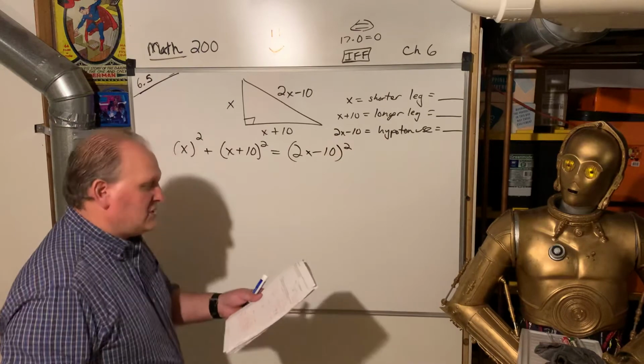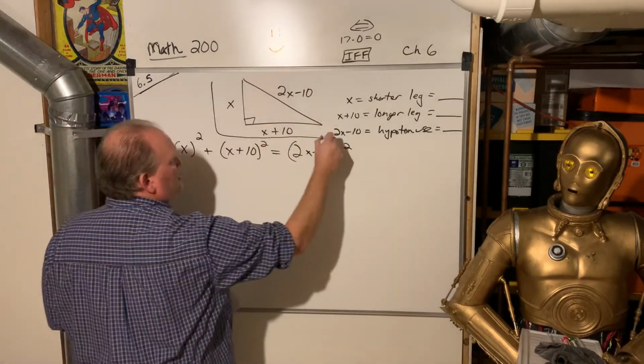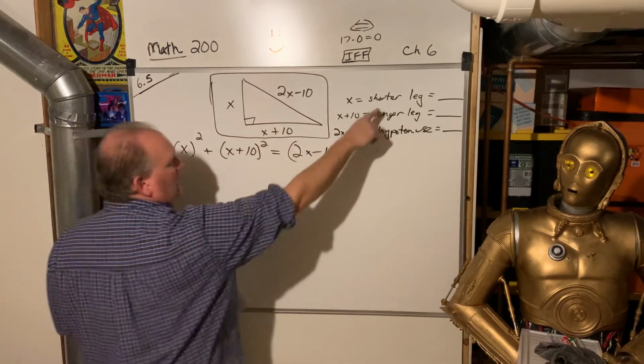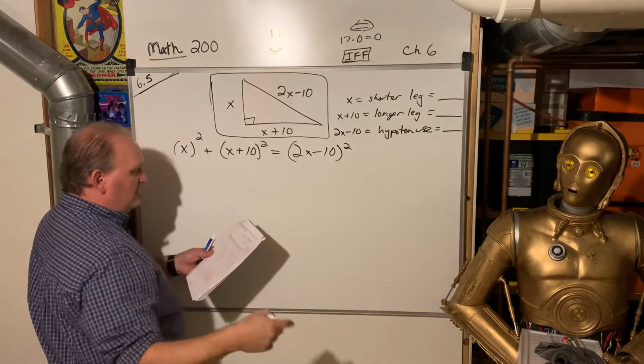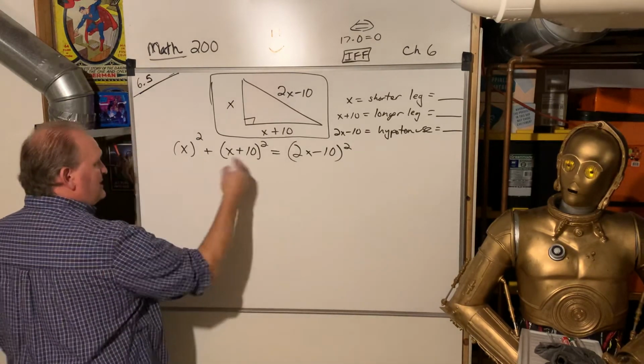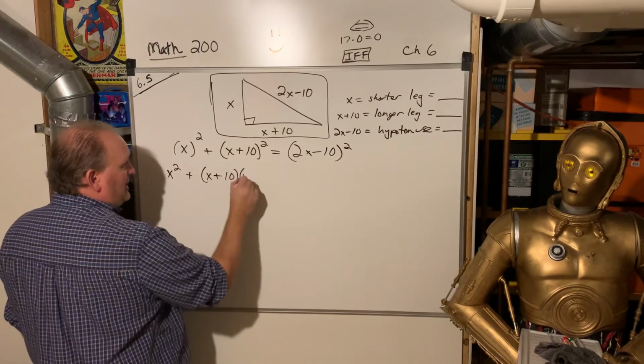And so like this first one, I guess this is all under understand. You've got a pretty picture. You've got your labels, and now we set it up into an equation. But now the translate and solve, to translate this, that's x squared, but this is x plus 10 times x plus 10.